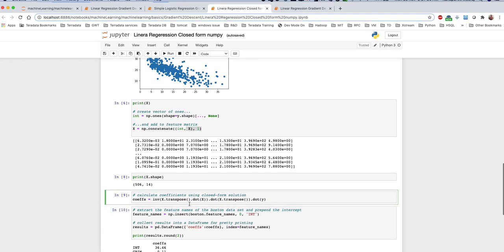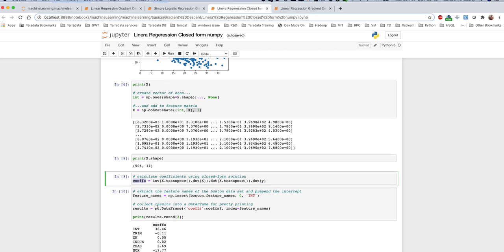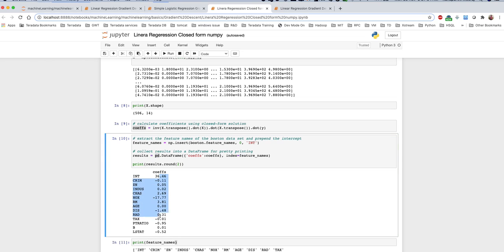The closed form solution will calculate with all 13 dimensions plus the intercept, the bias, and with the help of this formula we will know the model. Once we see the model, we can see the slope coefficients of all the 13 dimensions.